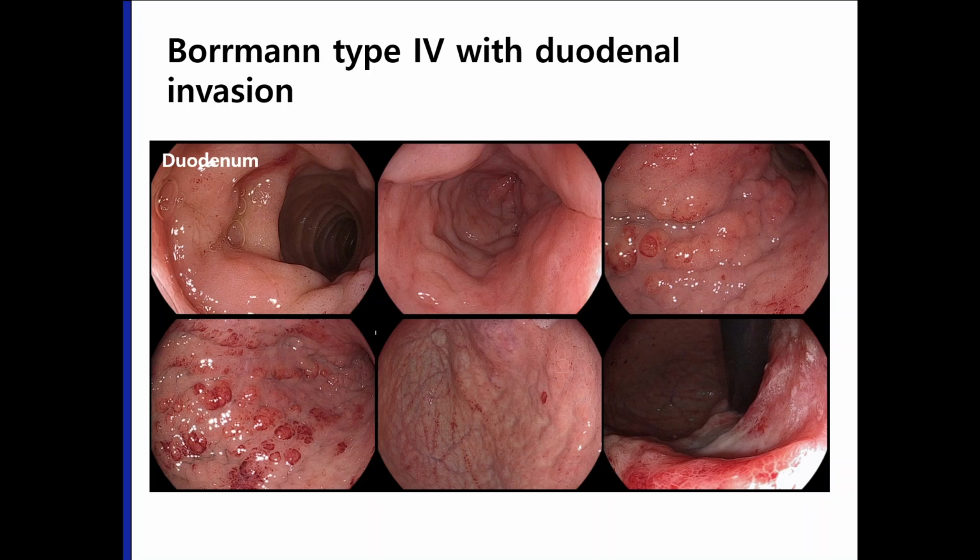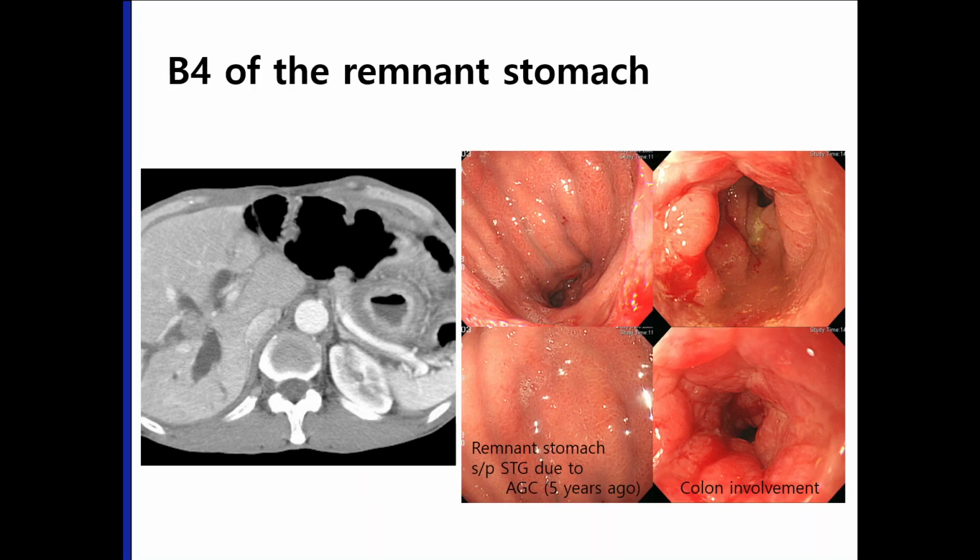There was a duodenal invasion in the upper left image. Borrmann type 4 may develop in the remnant stomach. After partial gastrectomy, the mucosa of the remnant stomach is usually edematous, so the diagnosis of abnormal thick fold is very difficult.